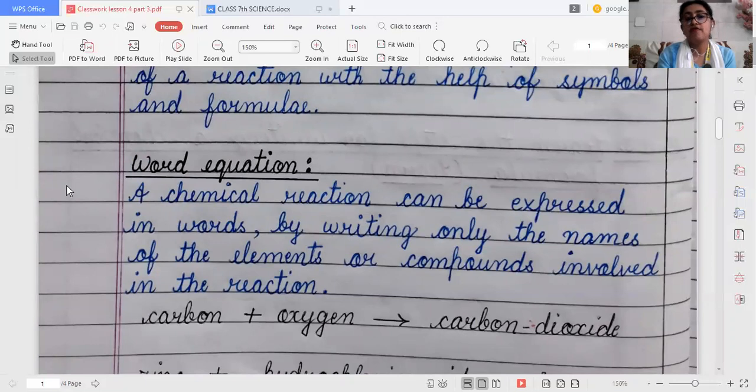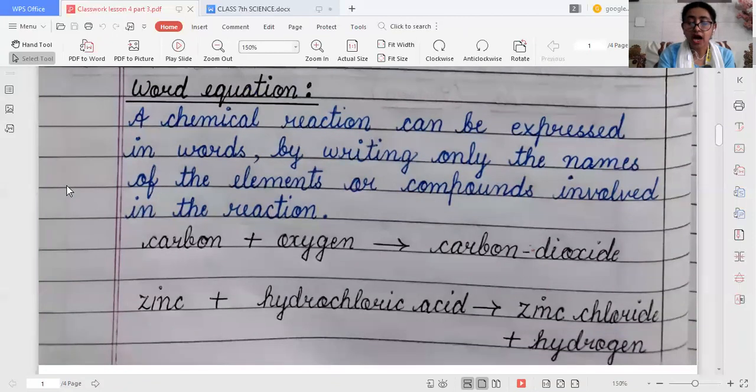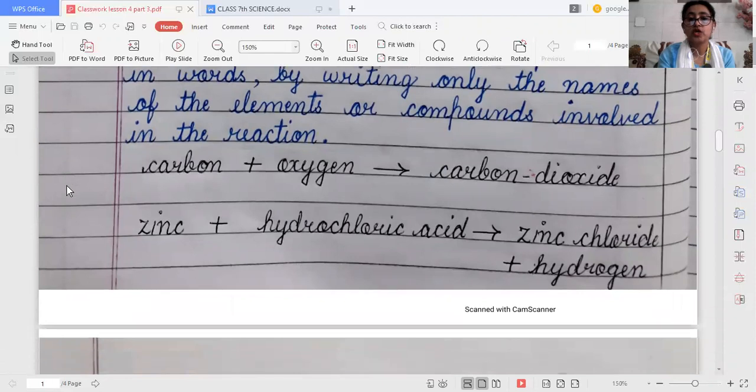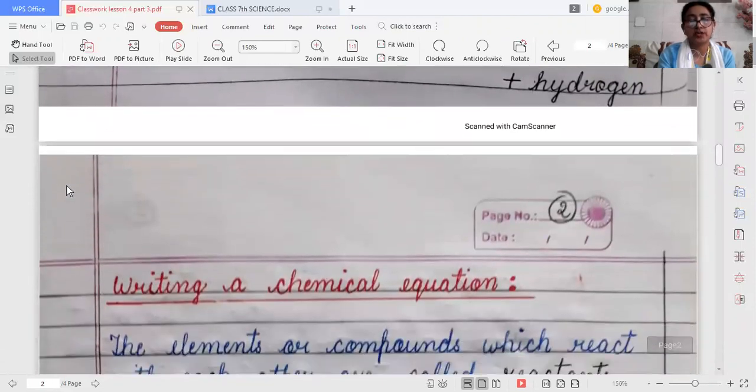And this type of equation is called word equation because words are used there in place of symbols. Like you can see, carbon reacts with oxygen and it forms carbon dioxide. When zinc reacts with hydrochloric acid, zinc chloride and hydrogen are formed. So this type of equation is known as word equation.